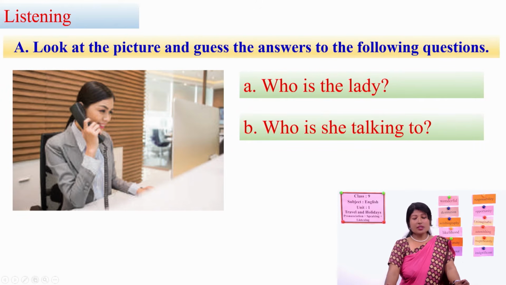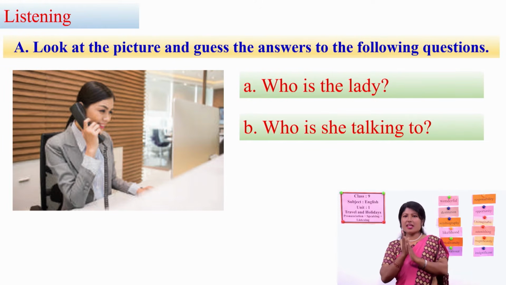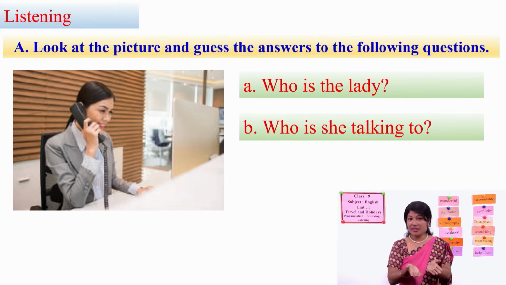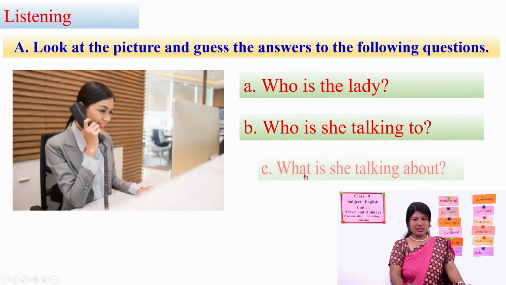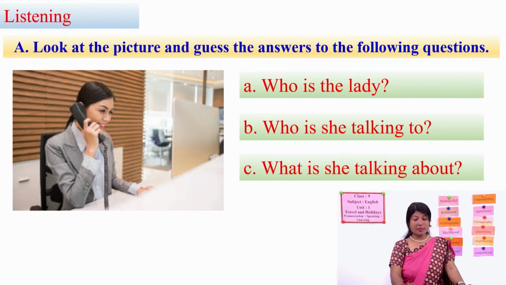Who is she talking to? Make a guess. She might be, in my guess, talking to her client, right? Or customer, right? So make a guess. Next, what is she talking about?